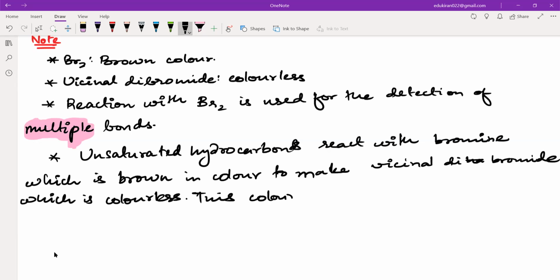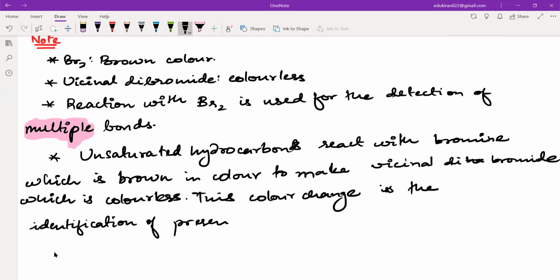This color change is the identification of the presence of multiple bonds. Okay.